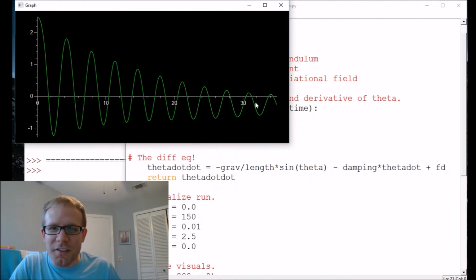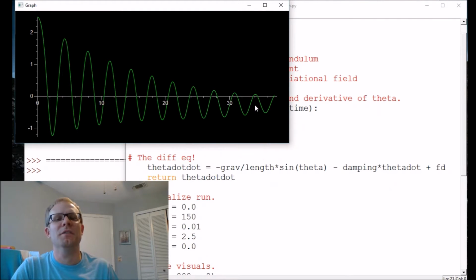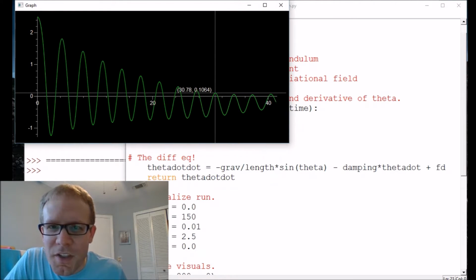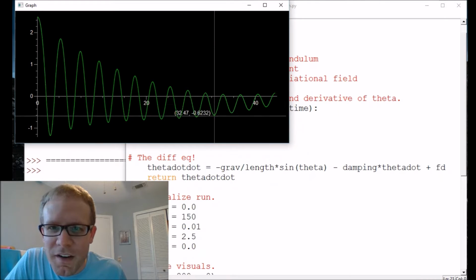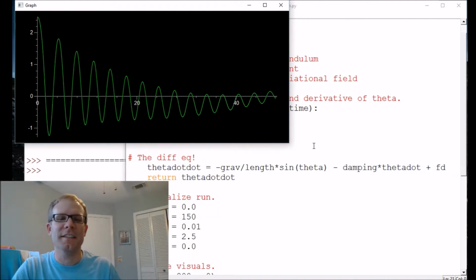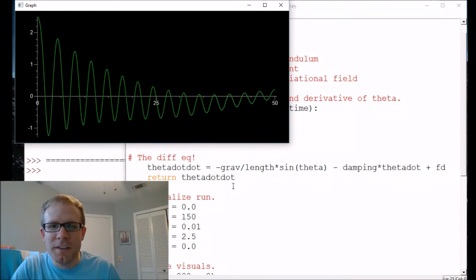So you see it's leveling out here. 2 pi over 0.1 should be about 6, right? If I go from here, that's 30, and I go to the next one, 34. Yeah, so it's getting closer to that driving period of about 6.